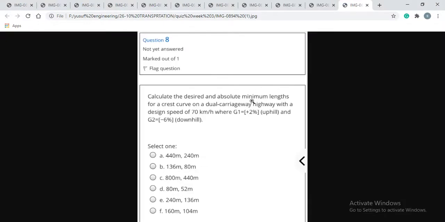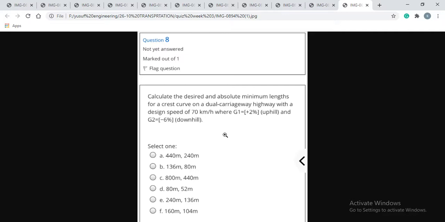Calculate the desired and absolute minimum length for a crest curve on a dual carriageway highway with the design speed of 70, G1 and G2.